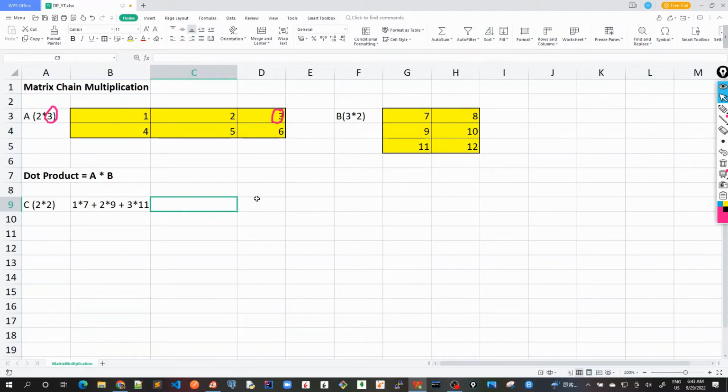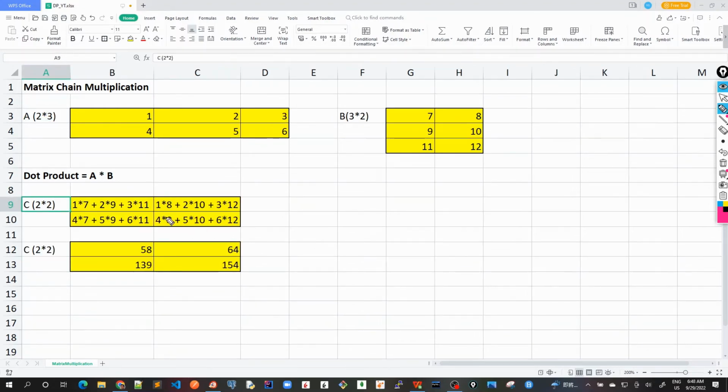Let me quickly write down the formula and the values for all the cells. So this is the formula for all the remaining cells of the product. Again, let's revise. For the first cell, it was 1 multiplied by 7 plus 2 multiplied by 9 and 3 multiplied by 11. Similarly, for the second cell here, it was this row multiplied by this column, and add all of them.